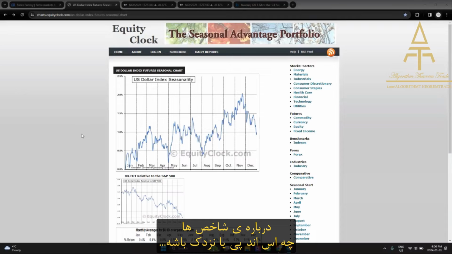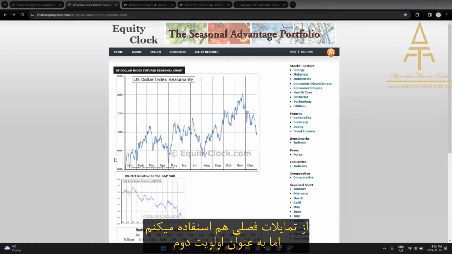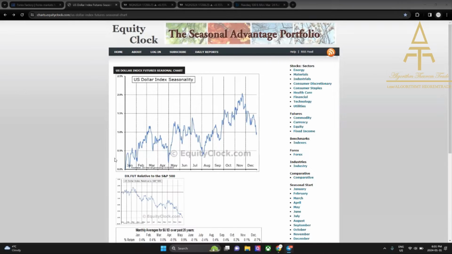So, in regard to any index, whether it's the S&P 500 or the Nasdaq, I still use the US dollar. The reason why I use the US dollar is because it gives me a better reading for price than using the actual seasonal tendency. I do use them, but just secondhand.